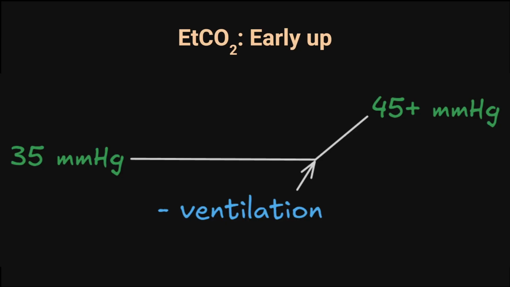Now, like I stressed, it's set on a timeline, right? A guy has a foreign body airway obstruction, so he stops ventilating, but his CO2 in his blood, I should say, is going up.